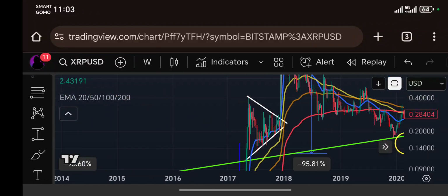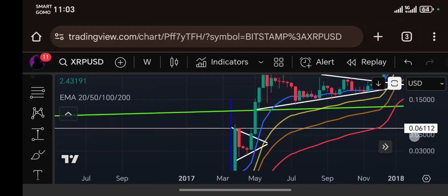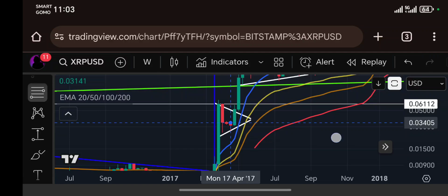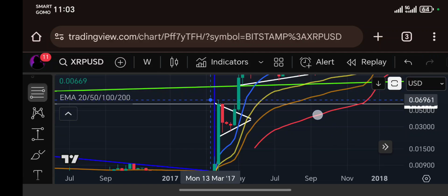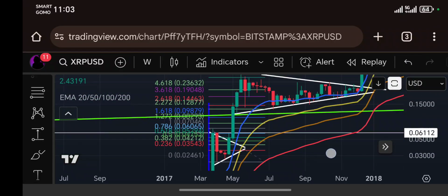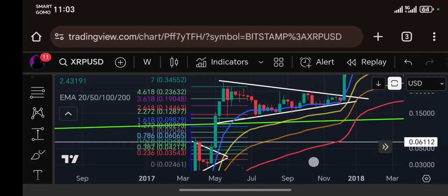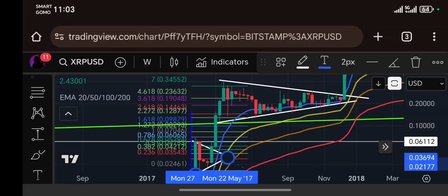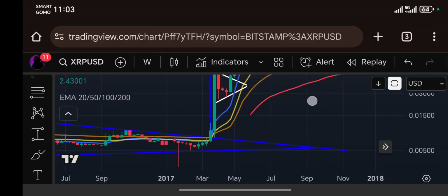Then let's go back again for the measured move. If we are here today, I want to show you this one. I've already shown you this, right? There's Fibonacci retracements where we hit the 0.7 area as our top. Okay, but I want you to see this now.